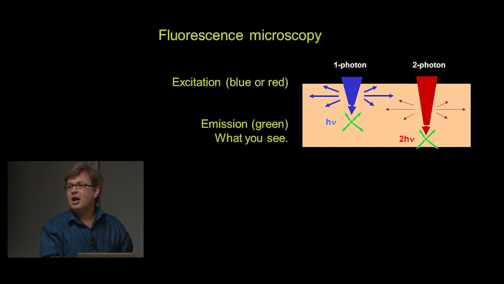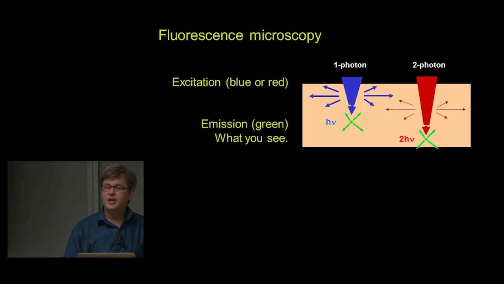And by far the most common version of that is, again, a blue or ultraviolet light coming in and green coming out with a green fluorescent protein. And those lovely pictures that you saw are largely green or yellow fluorescent proteins in individual neurons.